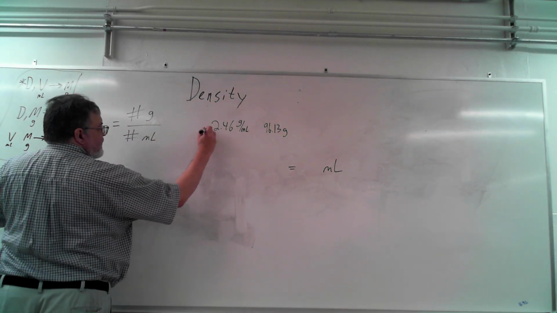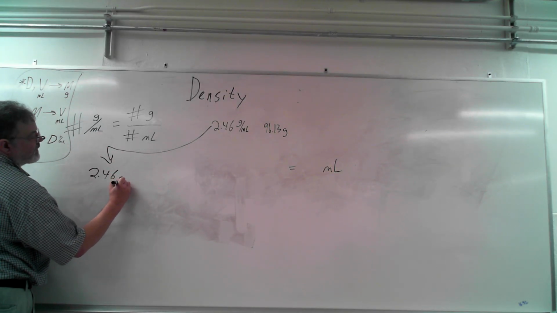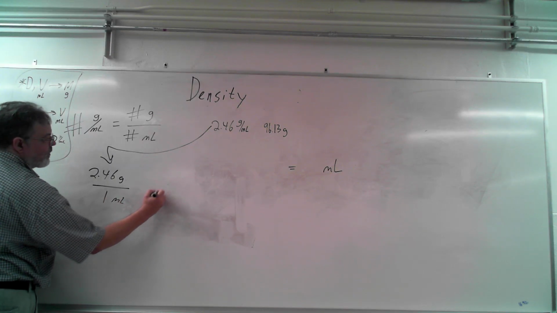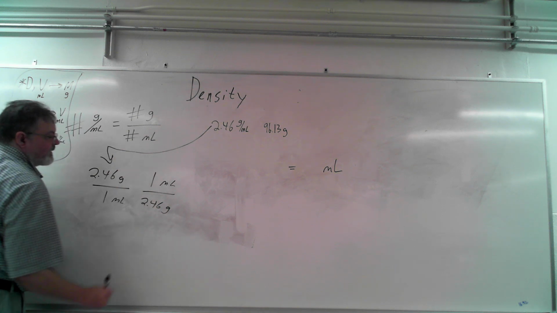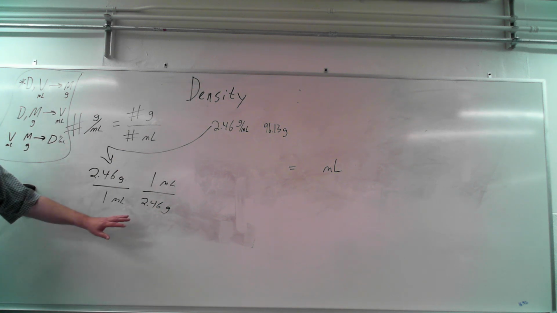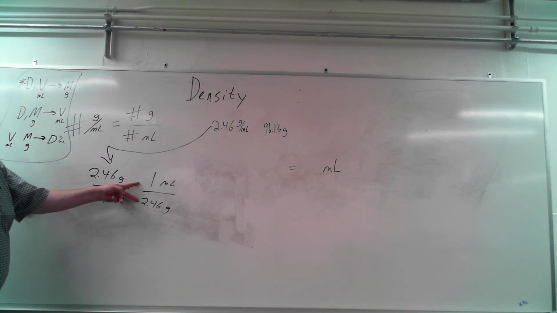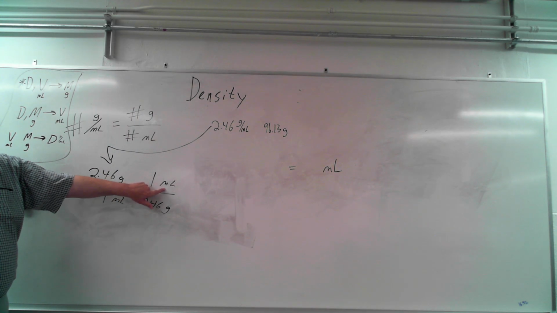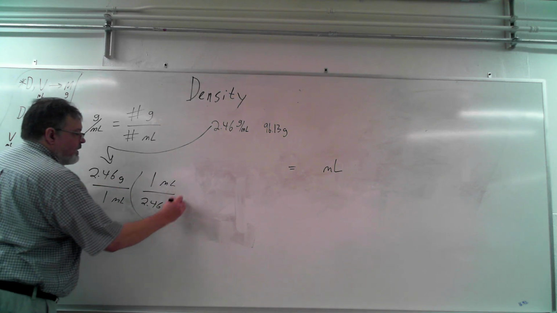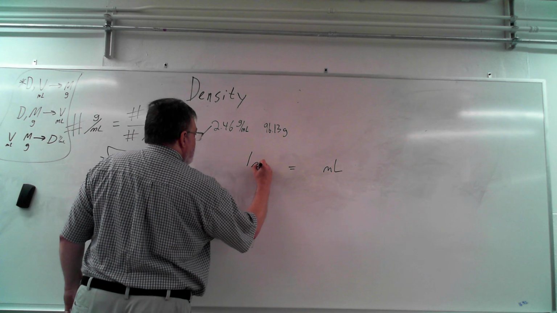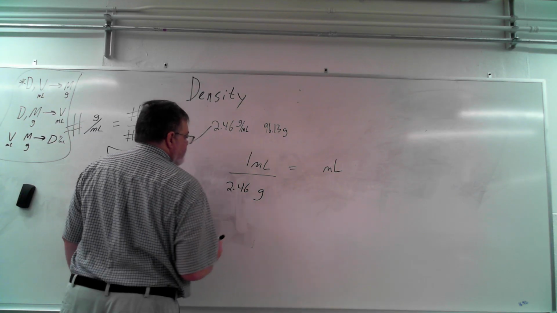I've told you to take something like this and think about it as 2.46 grams to 1 milliliter. Or you might have 1 milliliter over 2.46 grams, it just depends on what you're being asked. In this case, we're given grams and we need to find milliliters. So that tells us that this is the one we want to use. Milliliters we want to preserve, and grams we want to cancel out. So we're going to use this form.